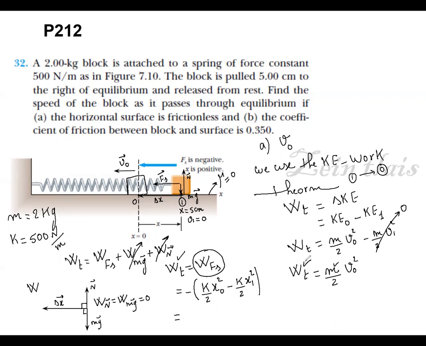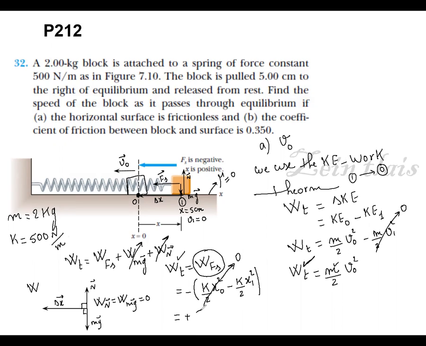At position O, x equals 0, so this one equals 0. Minus times minus, we get plus.